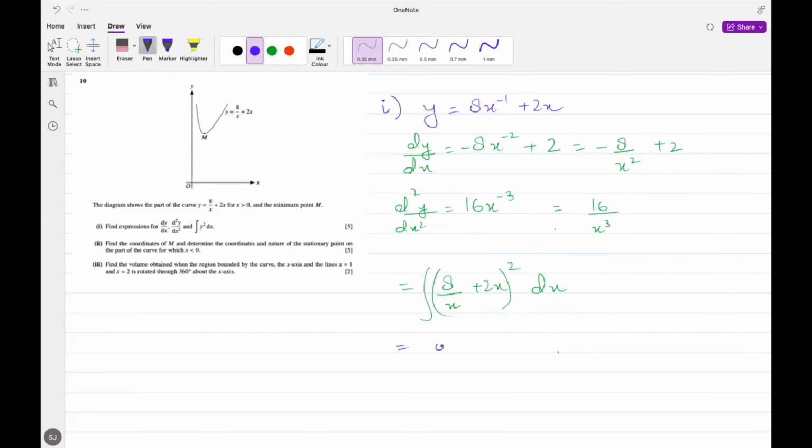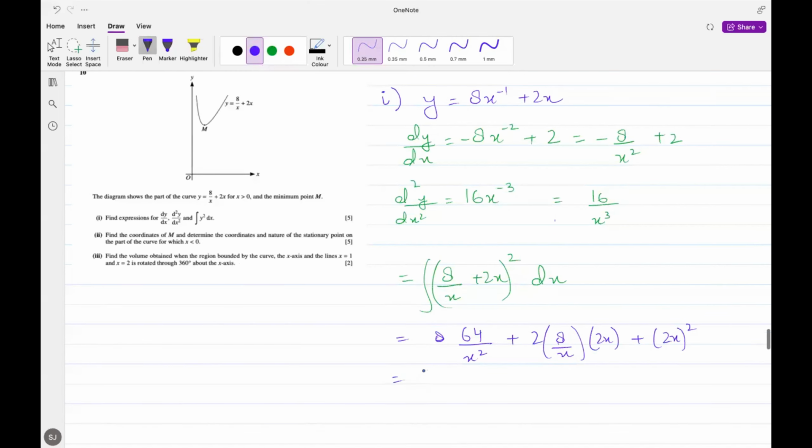So this will become 64 upon x squared, a squared, plus 2 times ab, so that will be 8 upon x into 2x, and then plus b squared, so that will be 2x whole squared. Simplifying this before integrating, we'll write it as 64x to the power minus 2. This will cancel out, so this will become 16 times 2, 32, plus 4x squared.